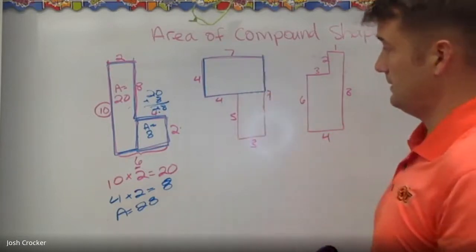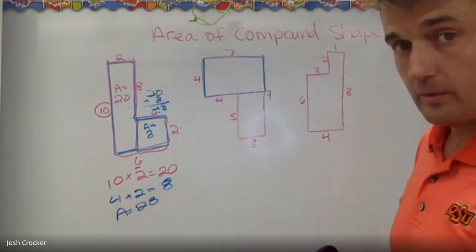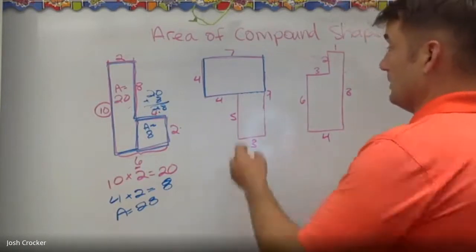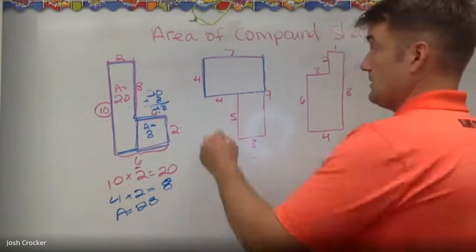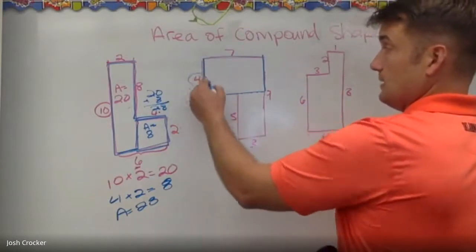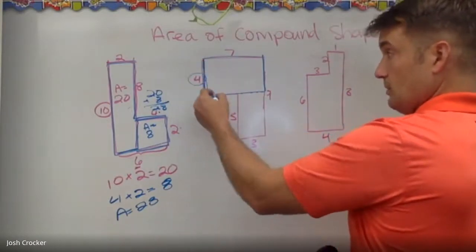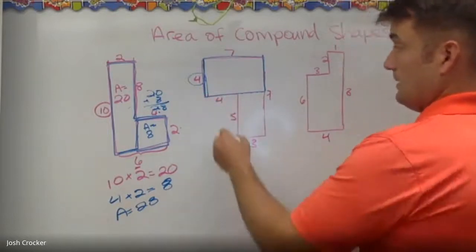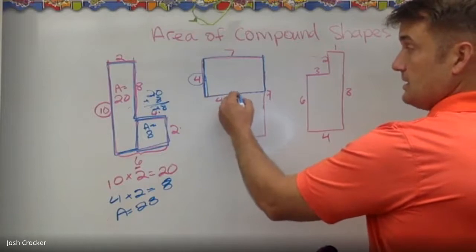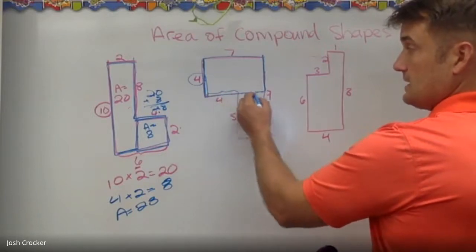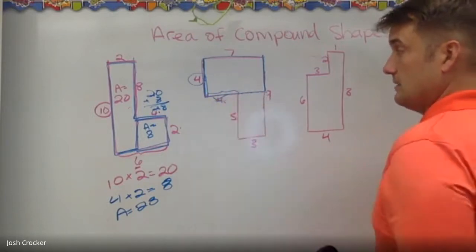I need to figure out which numbers I want to use. Well, I want whole sides that only belong to this rectangle. So this 4, that's a whole side, and it only belongs to this shape. This 4 is just a piece. It's not a whole side, right? It's missing all of this, so I'm not going to use it.